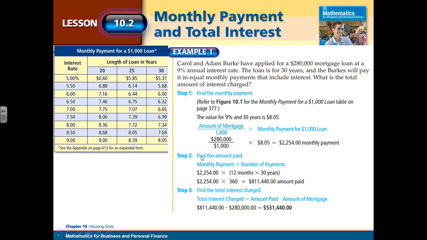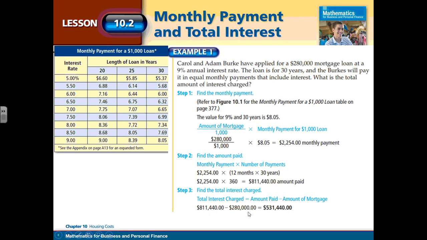The second part, we're going to find out how much they pay over the course of 30 years. So you take the monthly payment, times it by 12 months, times it by 30 years. All in total, over 30 years, they'll have paid $811,440, which is a lot of money for 30 years.